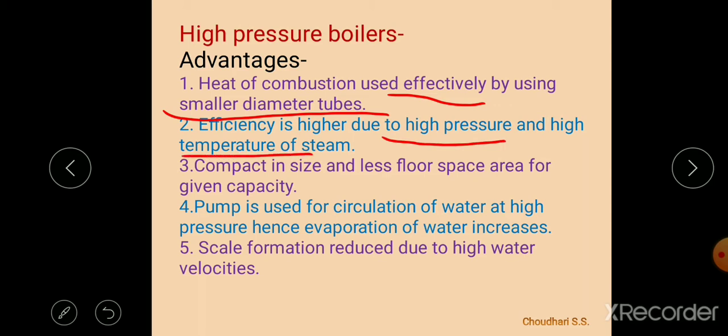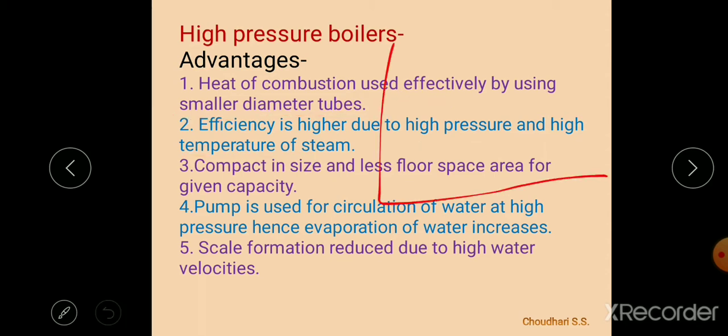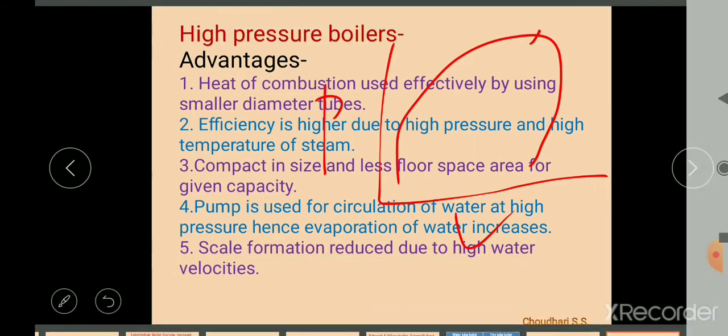If you consider the PV diagram, we have learned the PV diagram for the steam. Here is the curve. On the left side is the liquid line, and on the right side of the critical point is the vapor line.